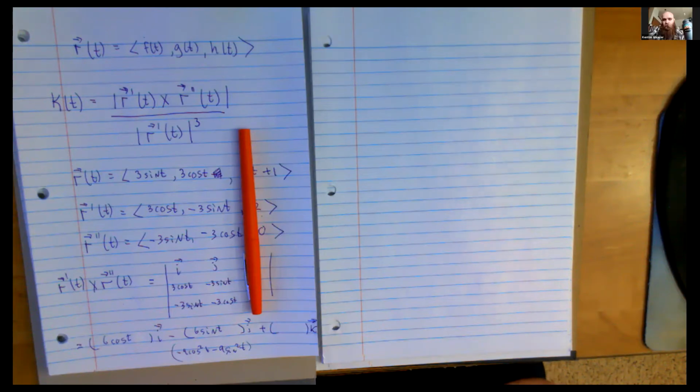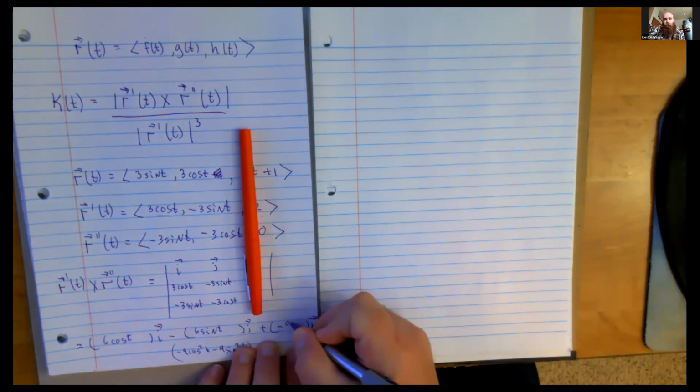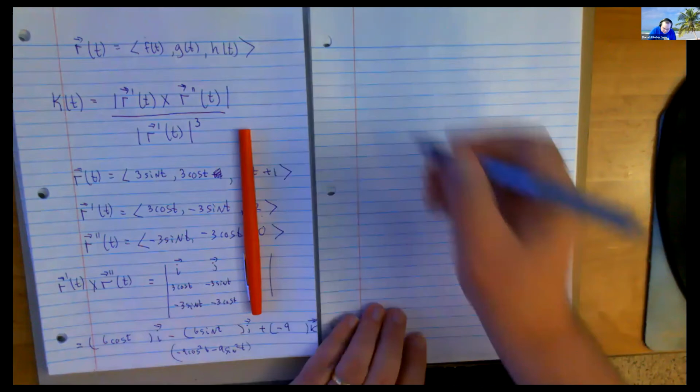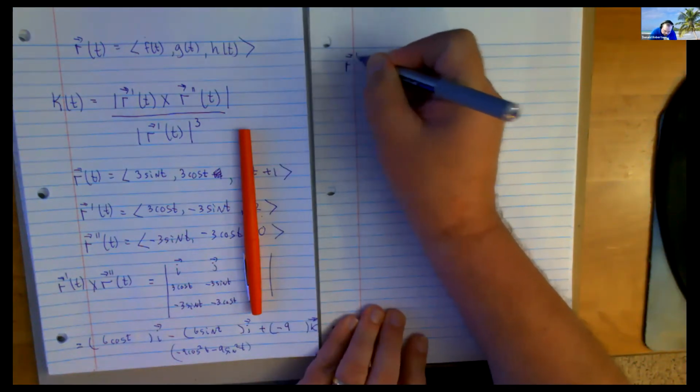Is it -9? Yeah. We're all used to sine squared plus cos squared as 1, but isn't any multiple of them also going to get you a number? 5 sine squared plus 5 cos squared is going to get you 5, and -9 sine squared, -9 cos squared is going to get you -9. They all work.